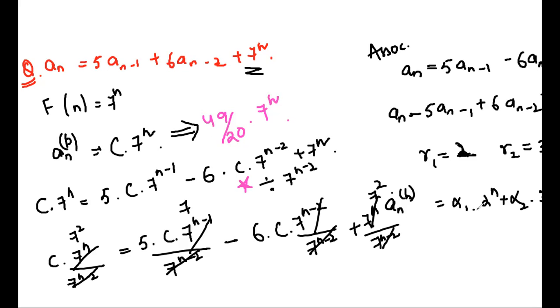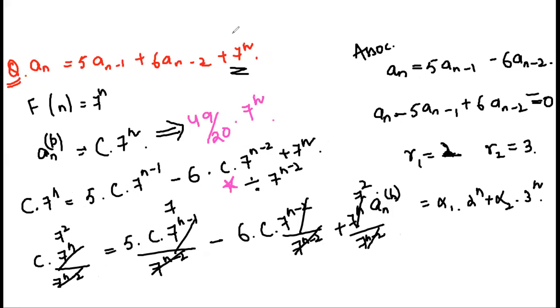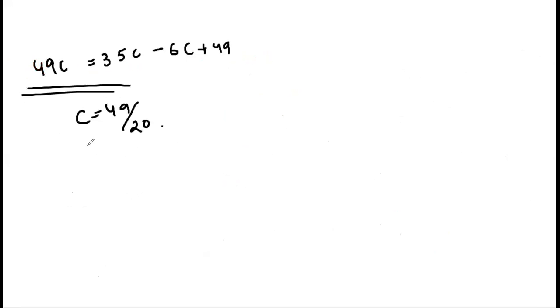This is the particular solution, and this was our homogeneous solution. So now a_n will be simply given as a_n = a_n^(p) + a_n^(h).